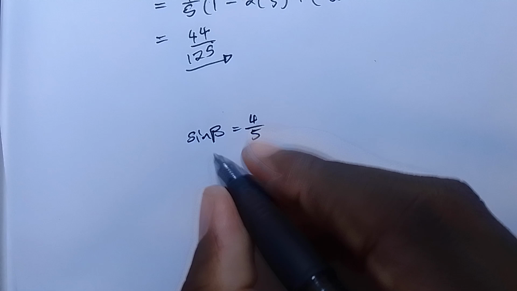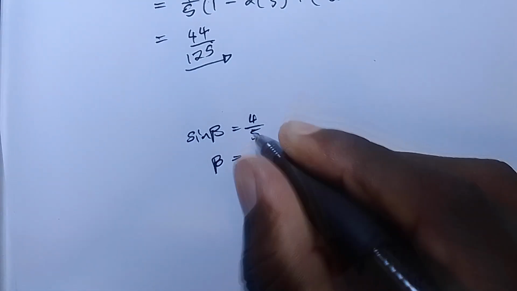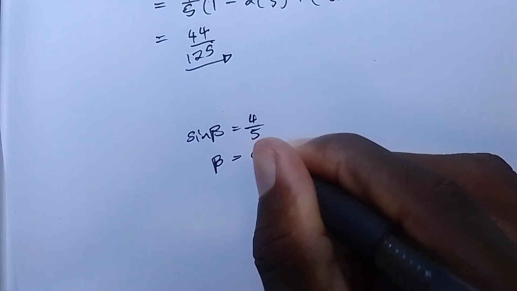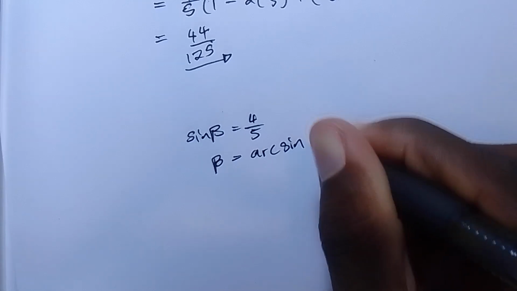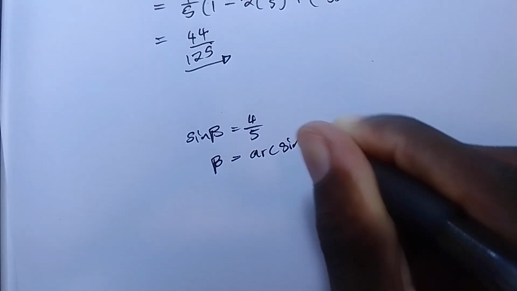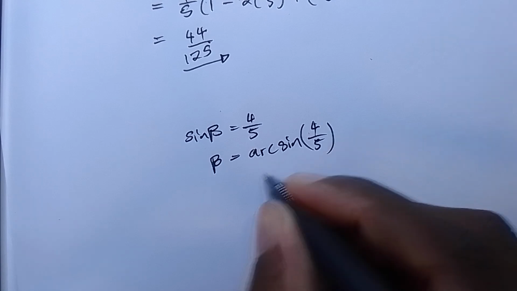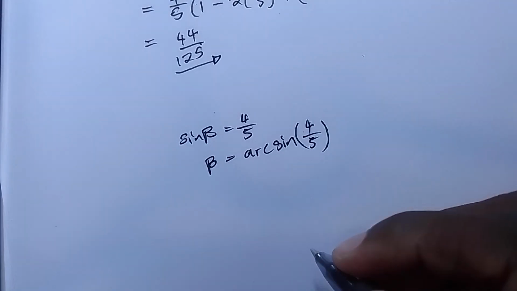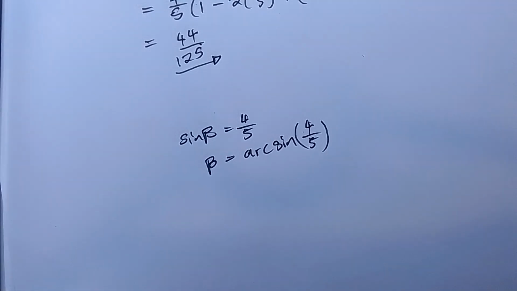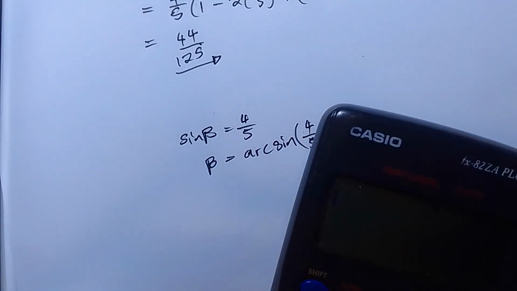You just say beta is equal to arcsine of 4 divided by 5, or I think you guys are used to using -1 here. It's the same if you say arcsine or say sine to the -1 and open a bracket and put in the ratio. And then you find the angle, you find the actual angle.